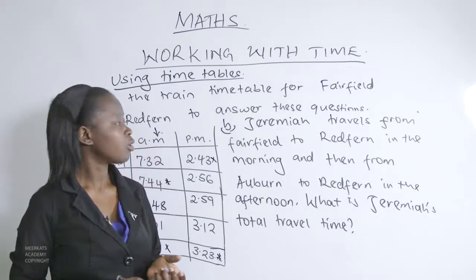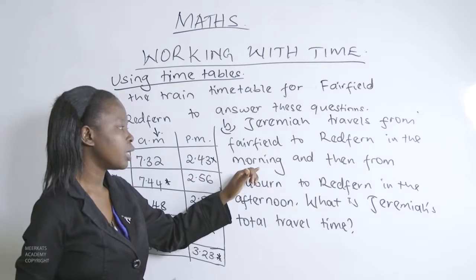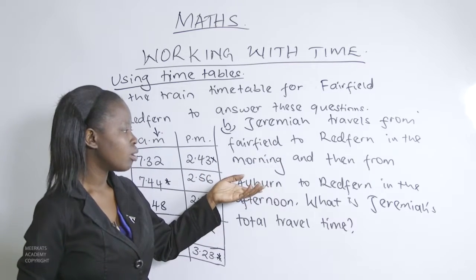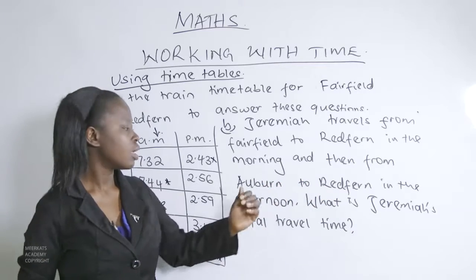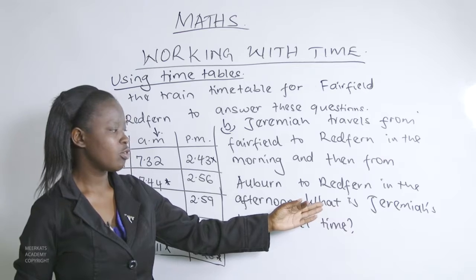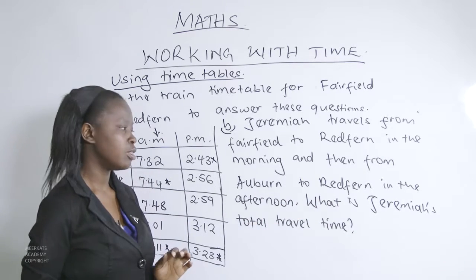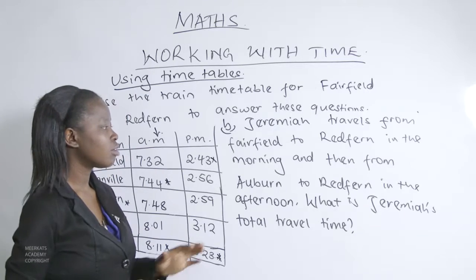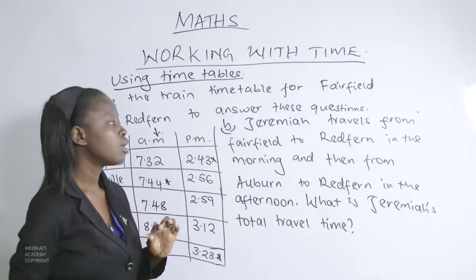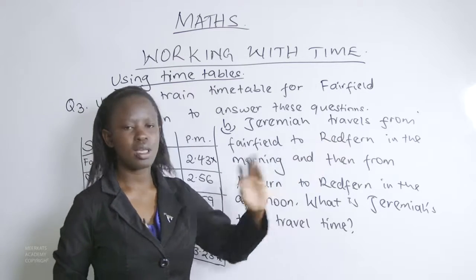So we have a question on the board that Jeremiah travels from Fairfield to Redfern in the morning, and then from Urban to Redfern in the afternoon. We are supposed to find the total travel time of Jeremiah. So this means that we need to get the time taken between Fairfield and Redfern in the morning.